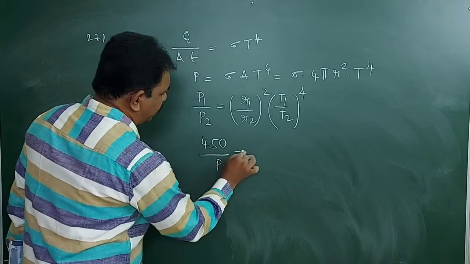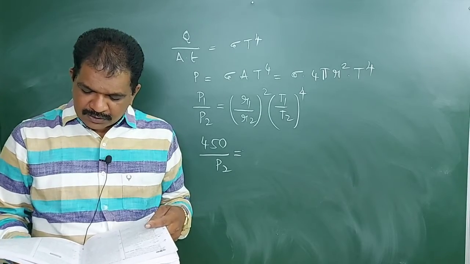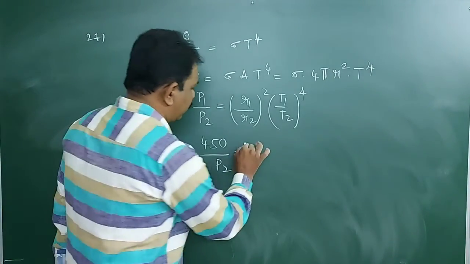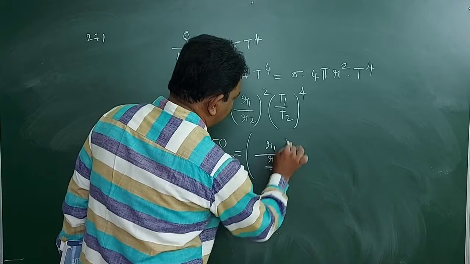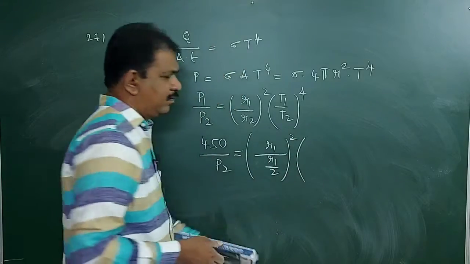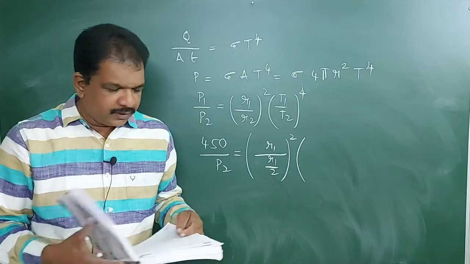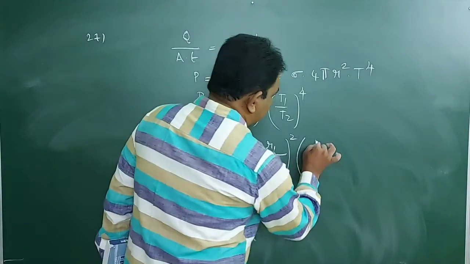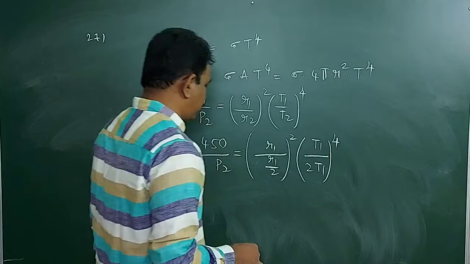P2, how much? Radius, what happened? They mentioned the radius is halved, so R1 by 2 whole square. And the temperature they mentioned is doubled, so T1 by 2T1 power 4.